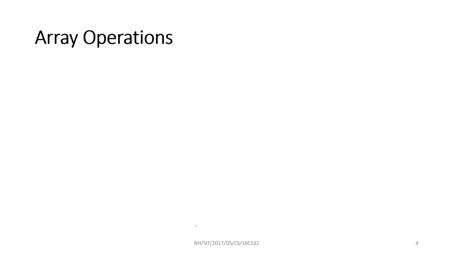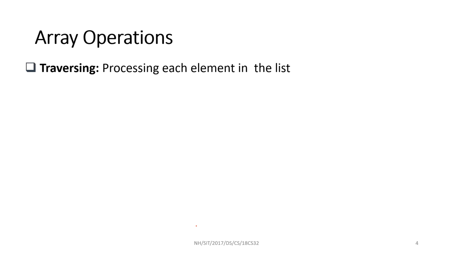What are the different major operations we can perform on an array? The first is traversing. Here we visit each and every element of the array exactly once. Suppose 10 elements are there in the array and we are accessing all the elements, say for printing purpose. It is traversing.